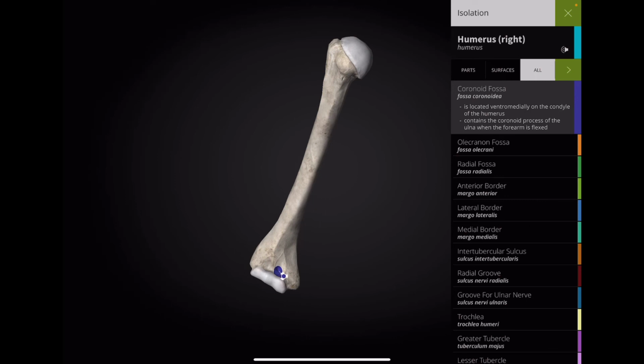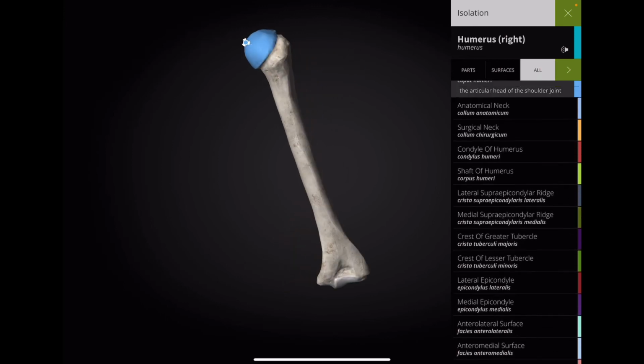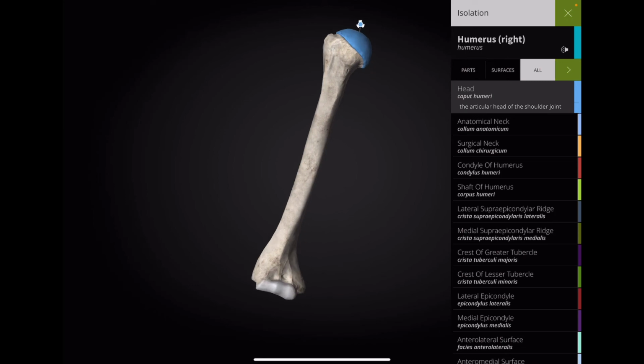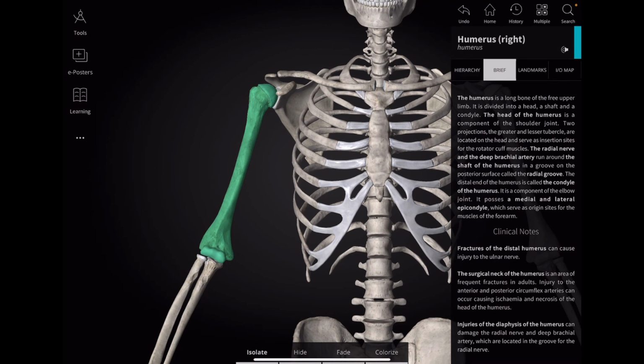And then I look at the head of the humerus. The head of the humerus always needs to face medially. In this case, it is facing medially with respect to the body. So looking at which one is the anterior and which one is the posterior surface, and which way the head is facing, we can understand whether this humerus is right or left. In this case, it's obviously the right bone.